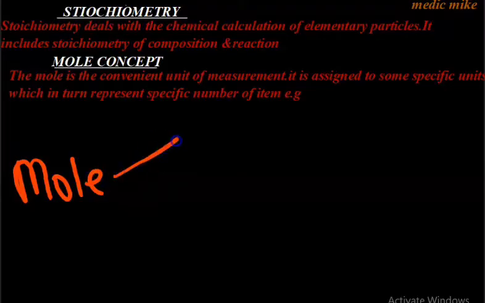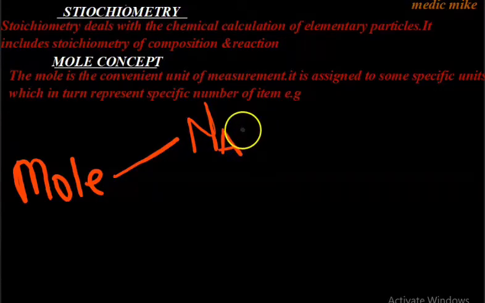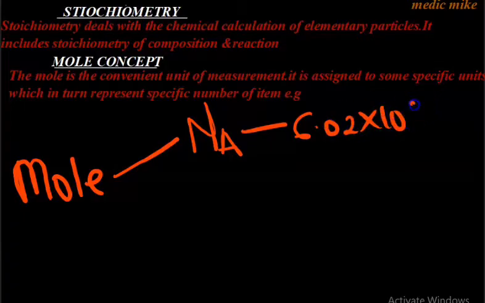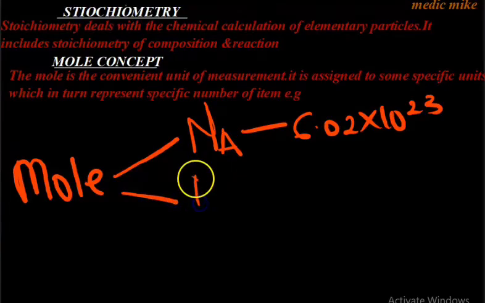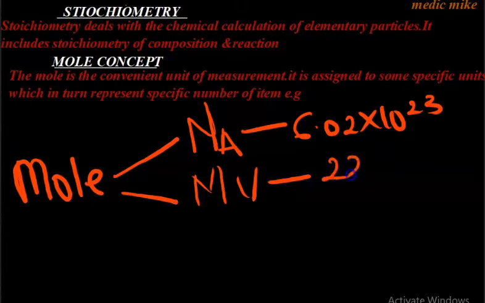For example, we have Avogadro's constant, which is represented by Na here, and in turn, this Avogadro's constant will represent a specific number of items or a specific number of particles, which is 6.02 times 10 raised to the power of 23. Other examples we can use: we have molar volume. Molar volume of a gas at STP will be 22.4 dm cube at STP.